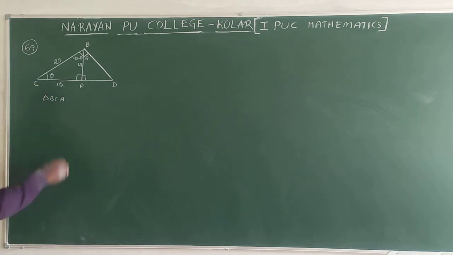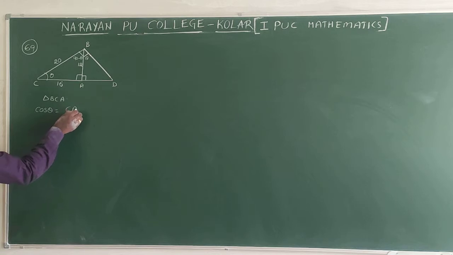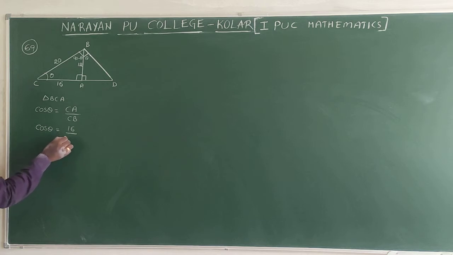Now from triangle BCA, okay, if you take cos theta, it is nothing but adjacent side by hypotenuse, that is nothing but CA by CB. Now cos theta is equal to CA is 16, CB is 20.